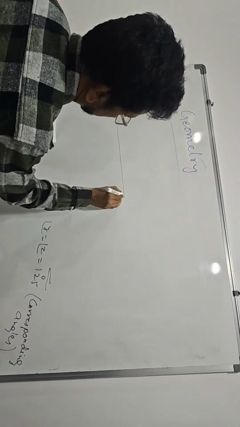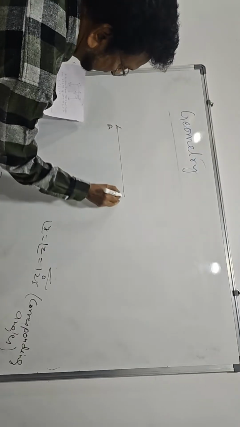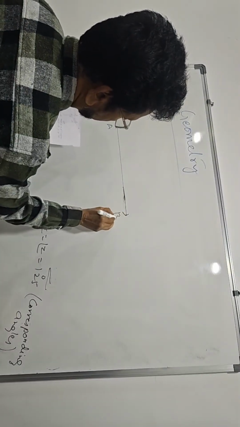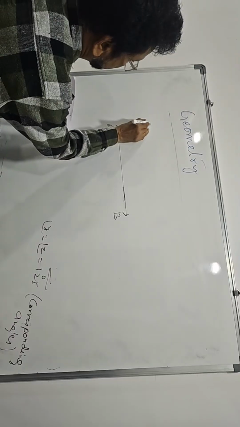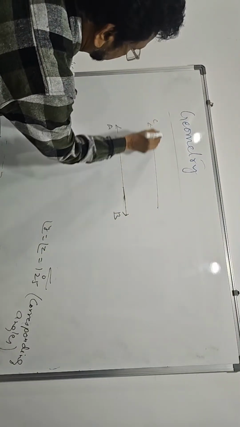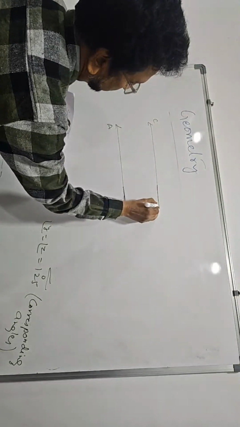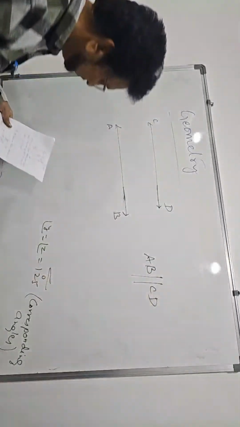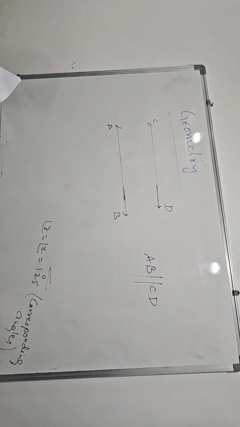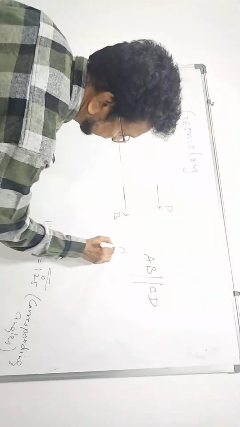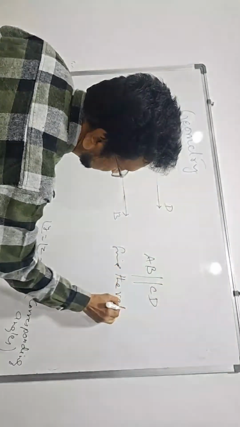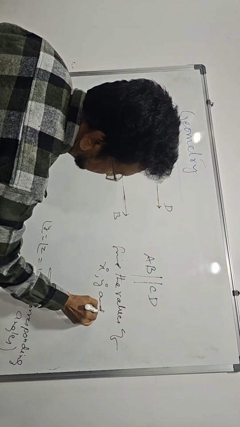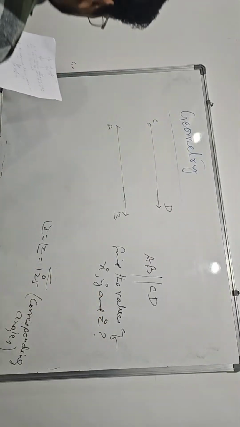AB is parallel to CD. It is given that AB is parallel to CD and find the values of X, Y and Z. These values you have to find out.